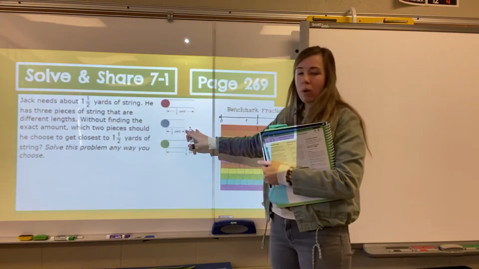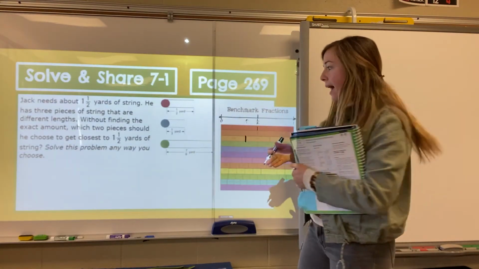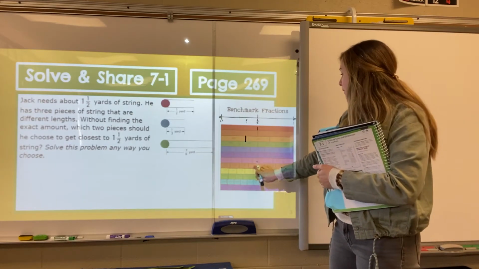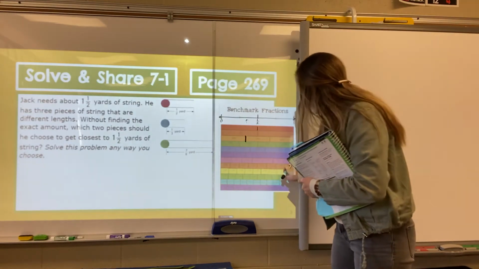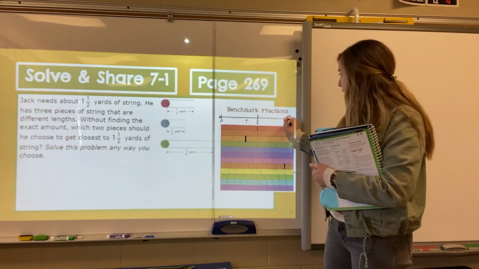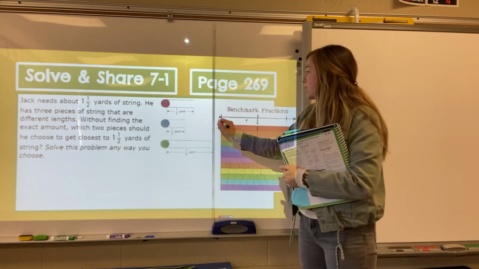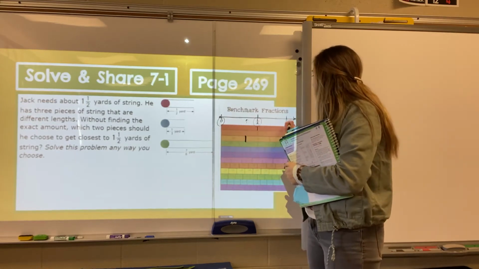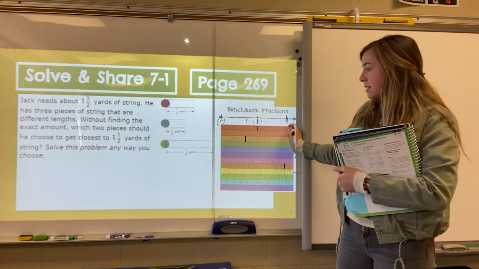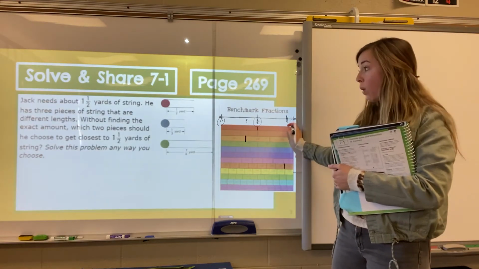So if I was gonna round 1/3 of a yard, I would probably round it to 1/2. And then I have 7/8 of a yard. So this is 1, 2, 3, 4, 5, 6, 7 out of 8. So it goes to about there with the string. And so if I'm looking at my benchmark fractions of 0, 1/2, or 1 whole, I would round this up to 1 whole. You can see that on this little number line, it is closest to 1 whole.